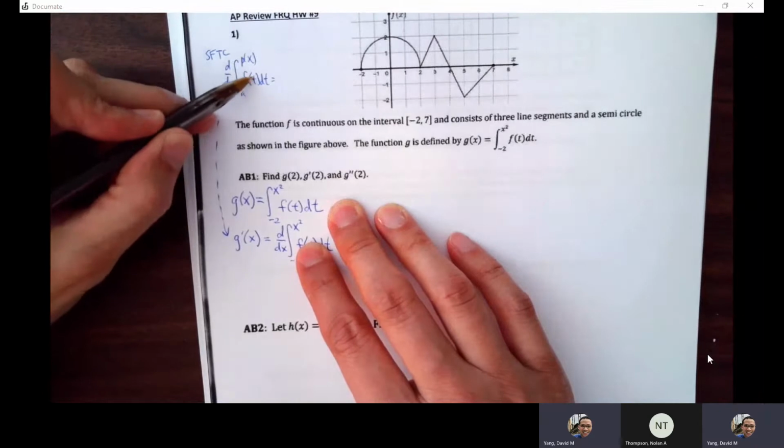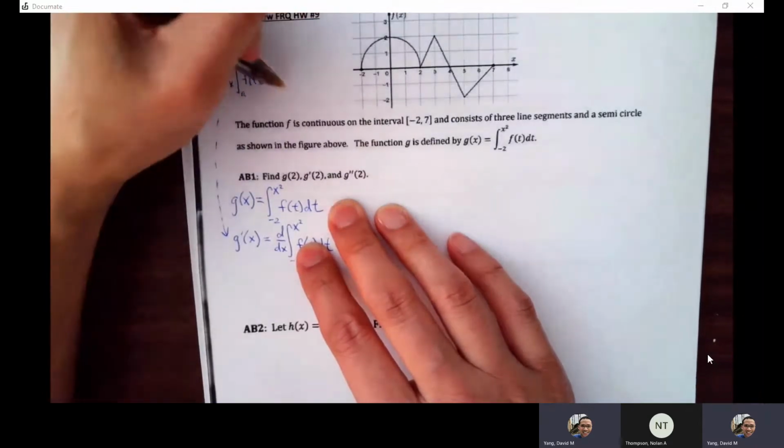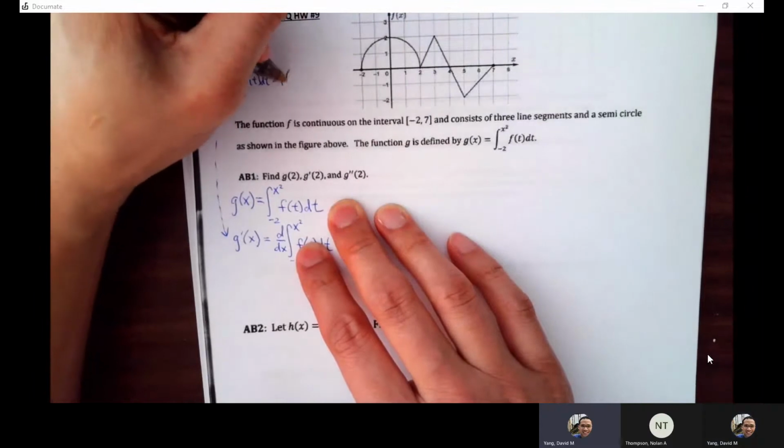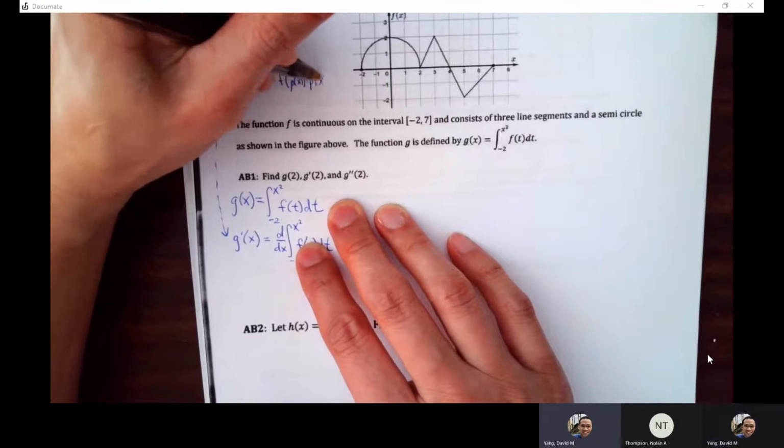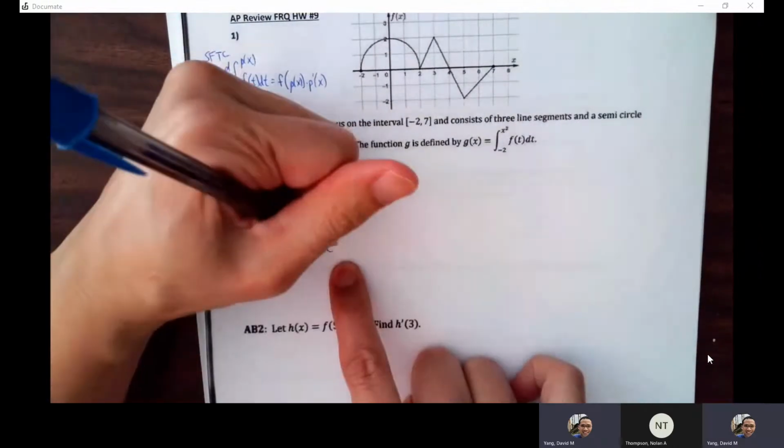So it's going to be lodged into the variable of the function, and there's also a times p prime. So I'm just going to apply that process for this problem here.